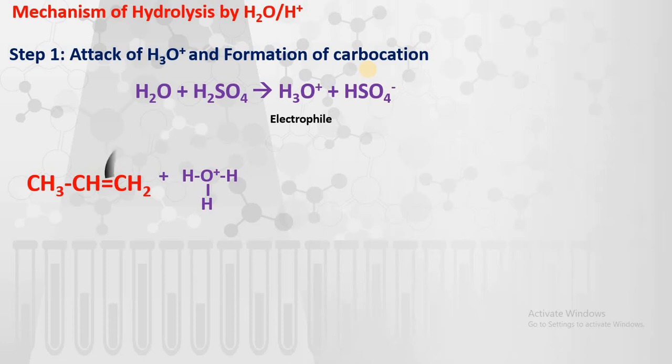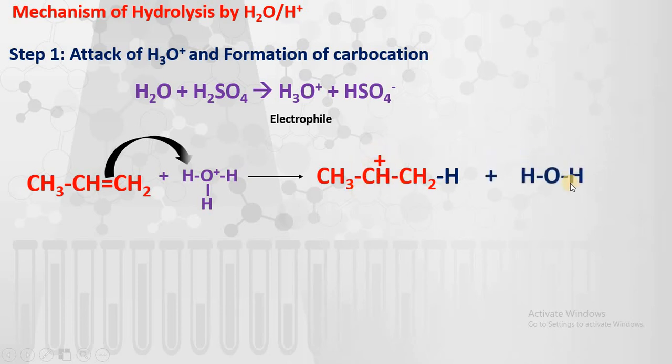The double bond is an electron rich center which attacks the hydrogen atom, and you get the carbocation formation, and hydrogen is attached on this terminal carbon atom. So this is the secondary carbocation generated in this reaction, and whatever carbocation is obtained, that is a stable carbocation.